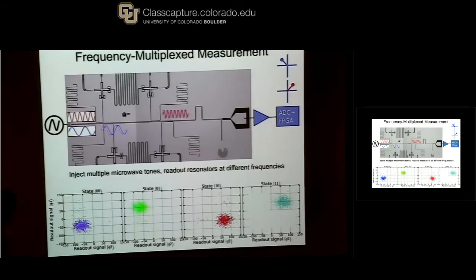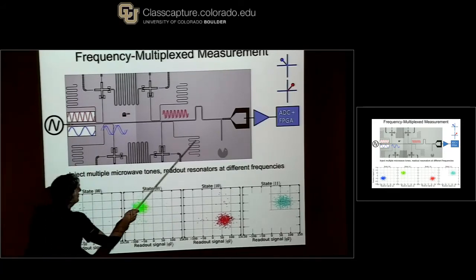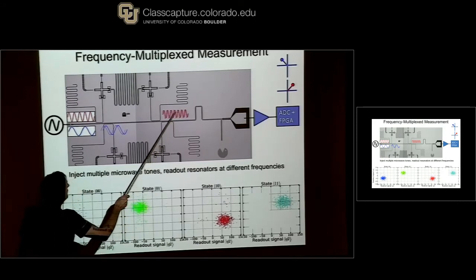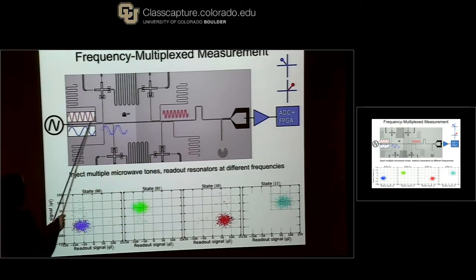In this particular circuit, what we actually did is had two qubits, and we have these resonator frequencies here. They're different lengths. So one's a higher frequency, let's say 6, and the other was a lower frequency, and this is a higher frequency, maybe think around 6.2.